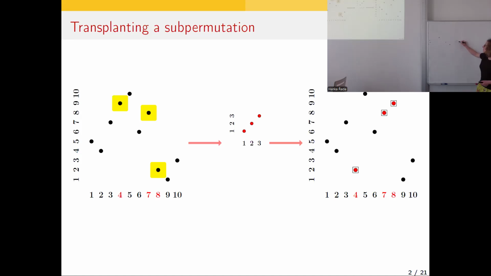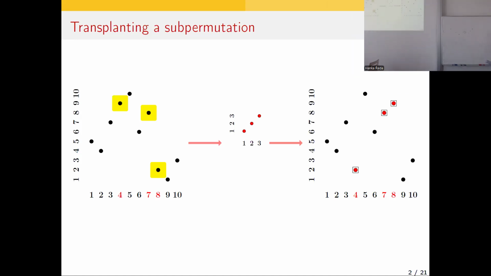So we change this subpermutation to the increasing permutation, for example, and then we return these points to the appropriate places in the original permutation. So we transplant the changed permutation into the original one.